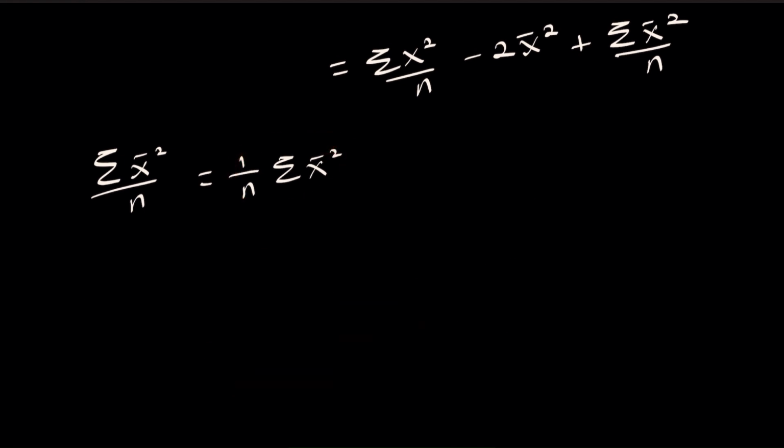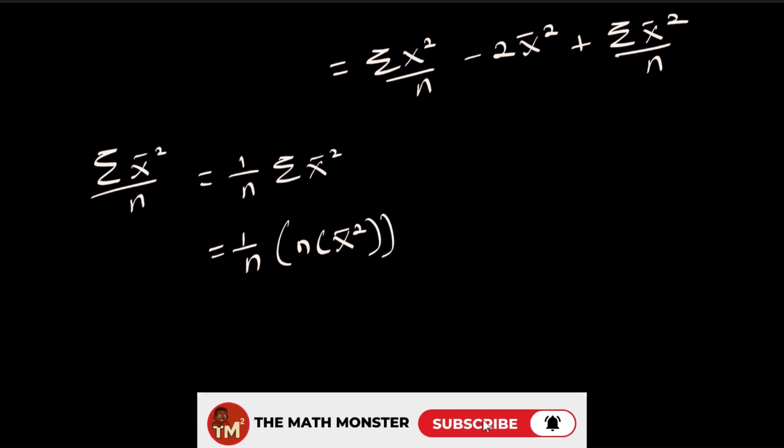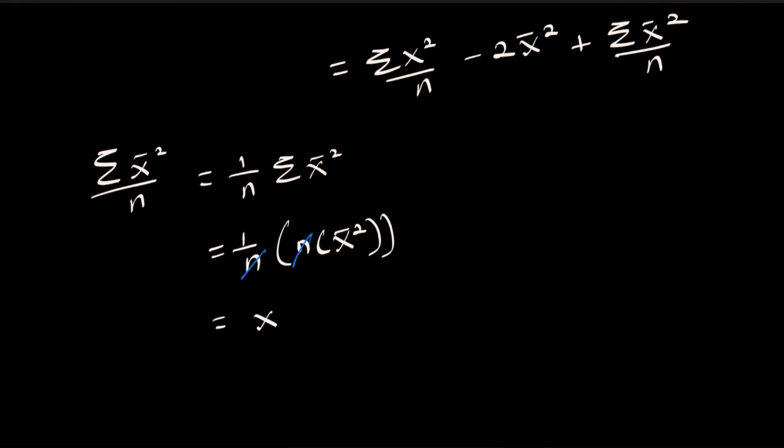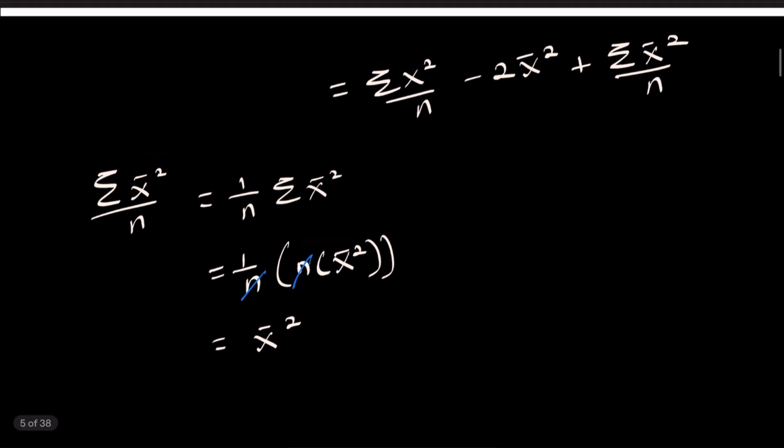Thus this expression is going to be 1 over n, and as we saw, summation mean squared is going to give us n multiplying the mean squared. Now this n will cancel out this n, and so we are going to have just the mean squared. And so this expression is going to give us mean squared.